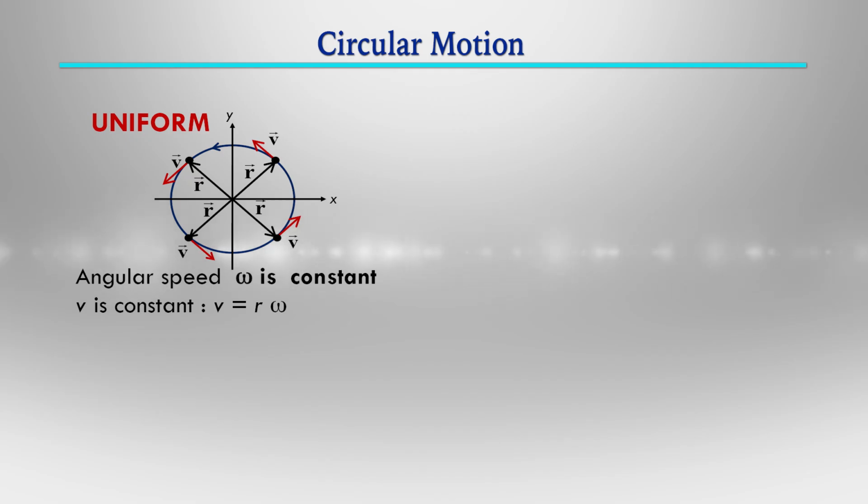Now, in circular motion, the particle moves in a plane, and I have shown that this is the xy plane. At each point of its path, the particle is at a fixed distance from the center of the circle, and the velocity is always directed at a tangent to the path. So the angular speed for uniform circular motion is constant.